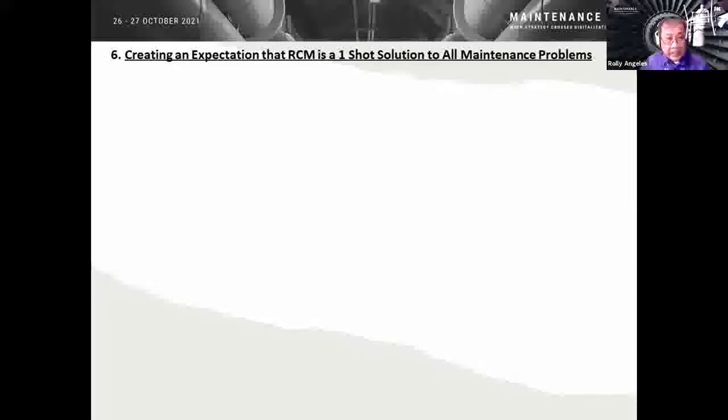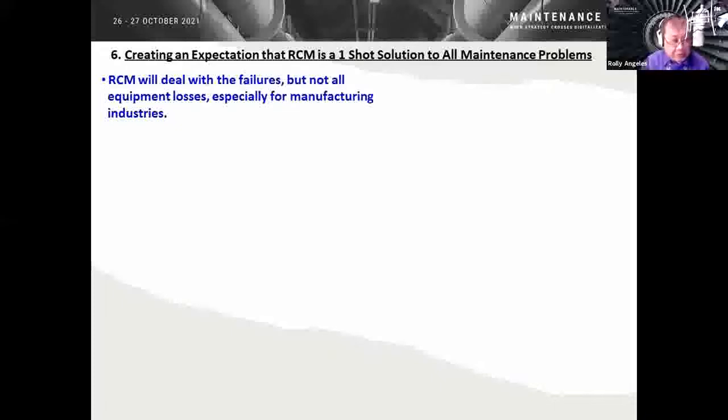It is not. Okay? It is not. Now, RCM will deal with the equipment failure. That's good. Okay? But it will deal with the failure, but not all the losses, especially for manufacturing.